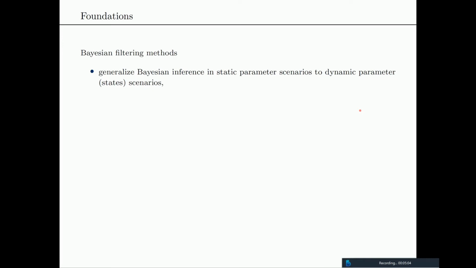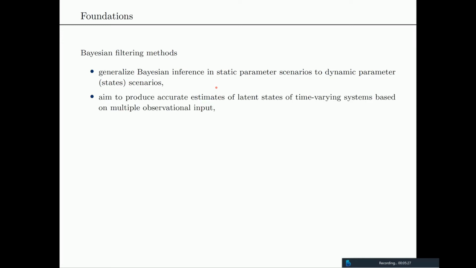These dynamic parameters in what we're doing today are called states, so they are latent random variables, not directly observable random variables that change over time. Of course, a specific case of changing over time is to not change over time. So the conjugate inference material can be considered a special case.